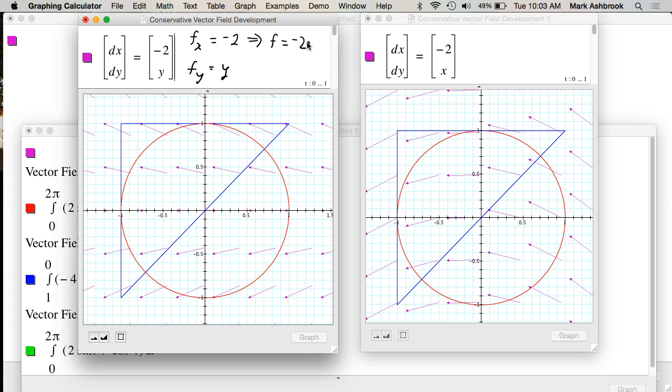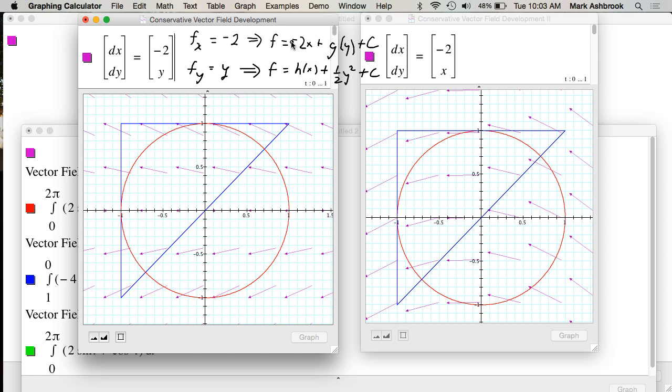negative 2x plus some function of y, so g(y), plus a constant. Okay? And then another view of that function f, same function f, but coming from the partial with respect to y, we could have some function of x, right, plus 1/2 y squared plus c.